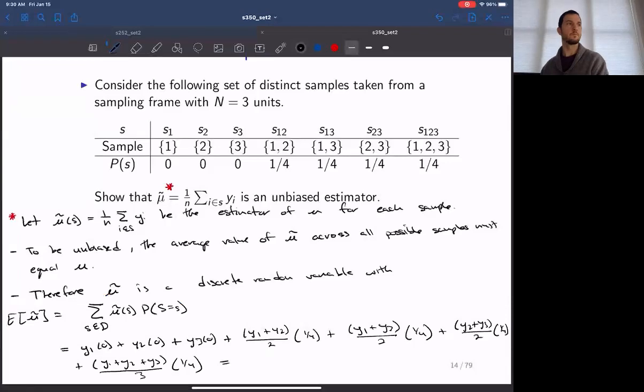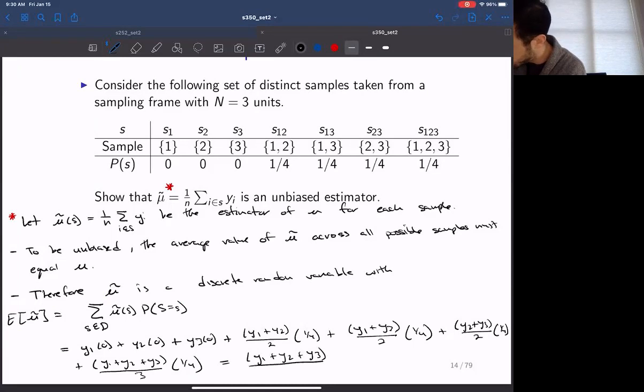Okay. All right, now if we simplify this, we should be able to show that this simplifies to y1 plus y2 plus y3 over 3, which is equal to mu.